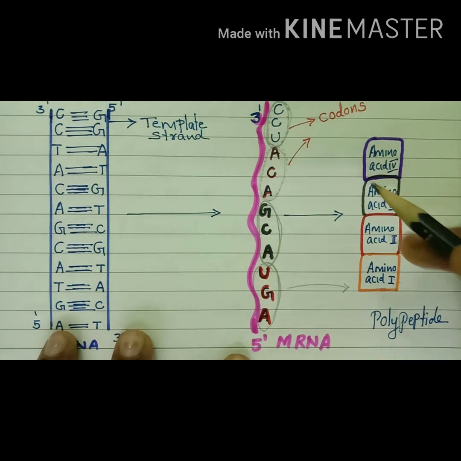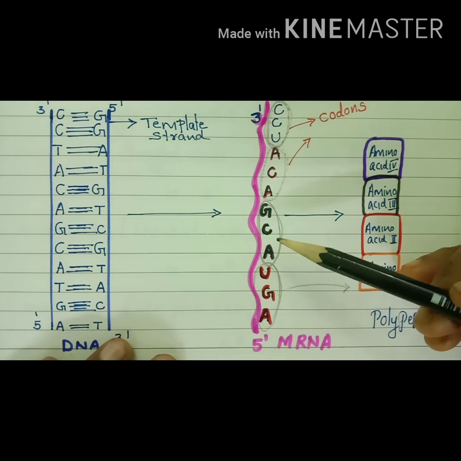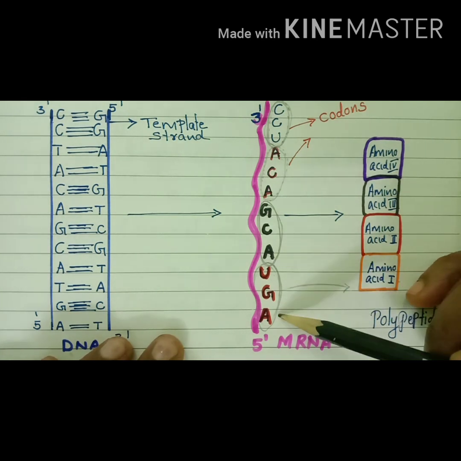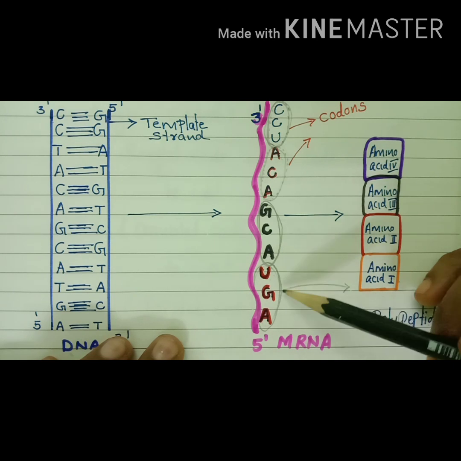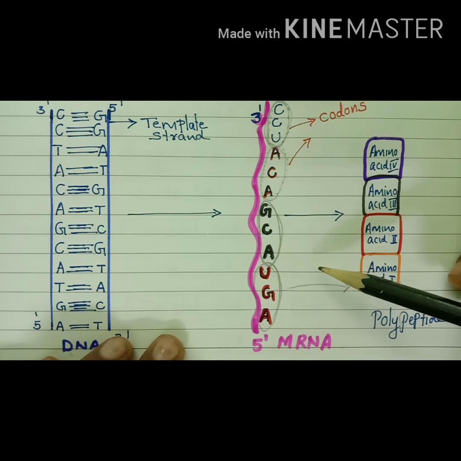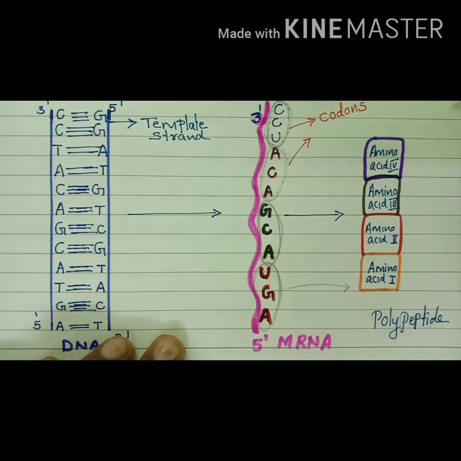So this is the overall process that can be seen during protein synthesis. And I have already mentioned that a codon consists of 3 nitrogen bases or 3 nucleotides joined together. How we arrived at that conclusion, we have to study next.